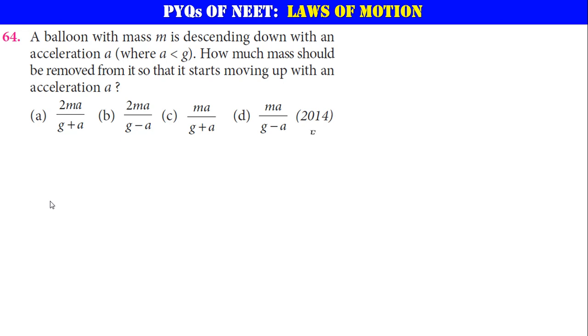So this question is a very nice question, pretty easy. Let us say a balloon with mass m. Once you are connecting this mass m, the balloon is coming down because of this mass m, descending now. That is because of the mg force, the gravitational force.